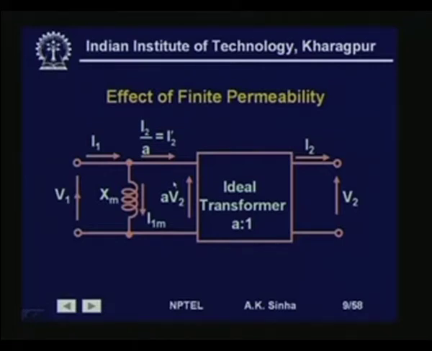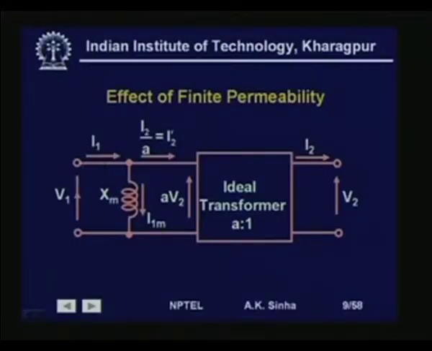take out that infinite permeability assumption. That is, we are saying that the transformer has finite permeability. What does it mean? It means that some current will be required to set up the flux in the transformer core. This can be modeled as an inductance which is in parallel with the ideal transformer.